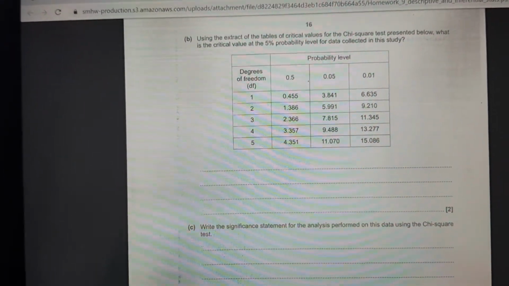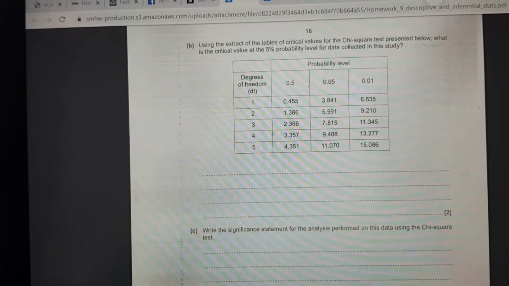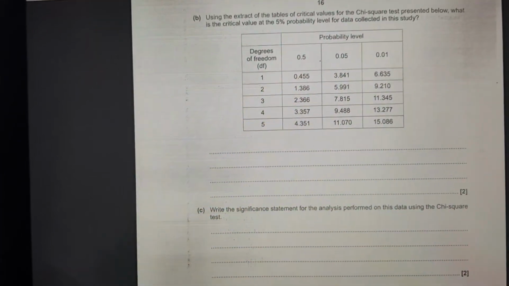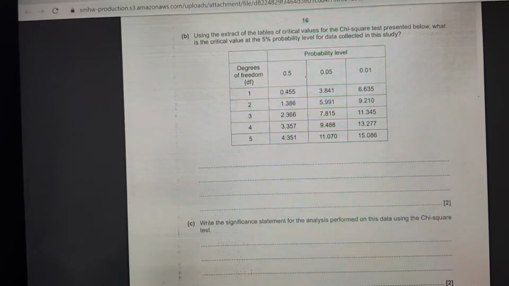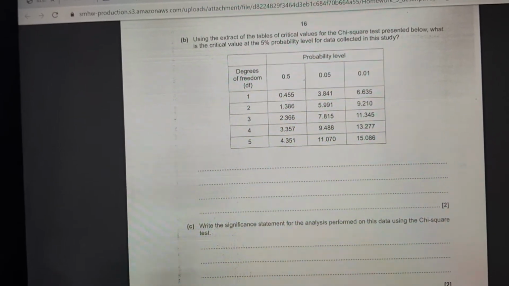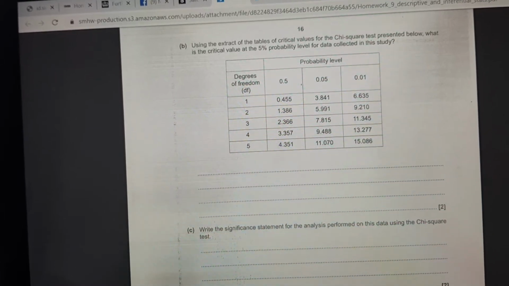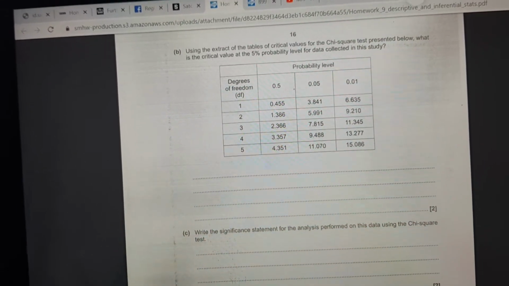Then they've given you the chi-squared critical values table. Here you have to work out your degrees of freedom in order to get the correct value. They're not giving you that equation. You need to remember what it is. You've got a 2 by 2 frequency table, so from that you need to work out your degrees of freedom using the equation.